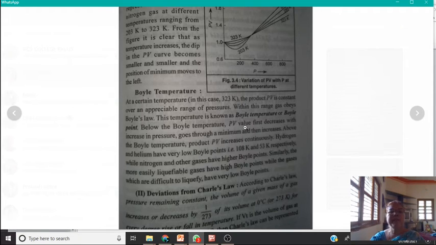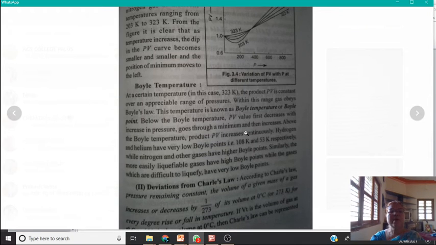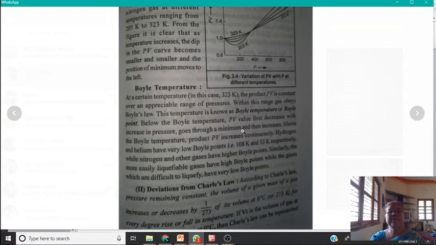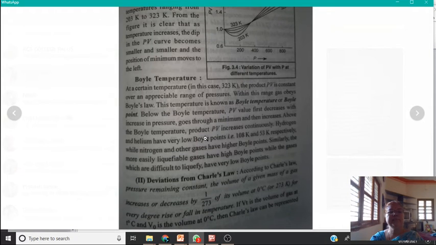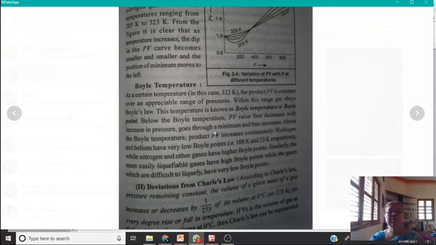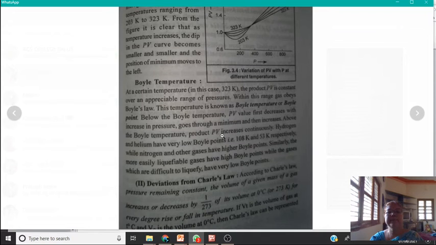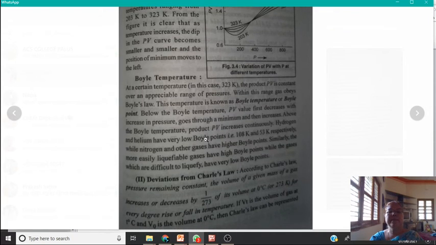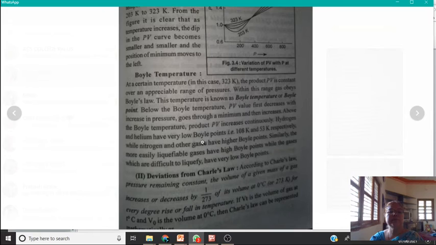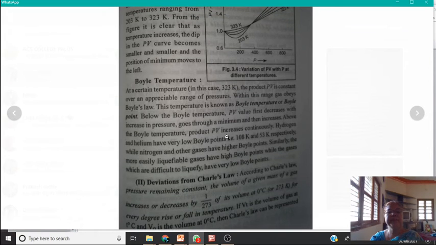Below the Boyle temperature, the PV value first decreases with increase in pressure, goes through a minimum and then increases, and above the Boyle temperature the product PV increases continuously.